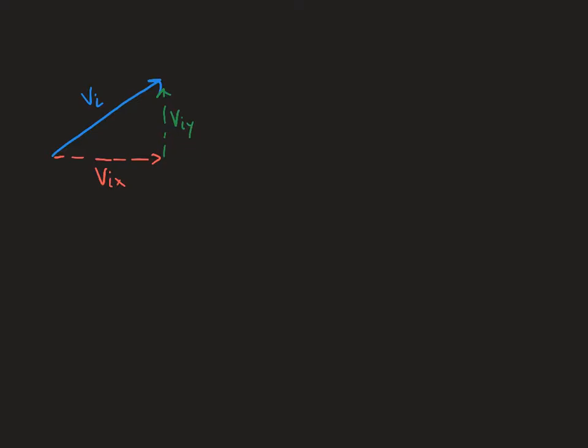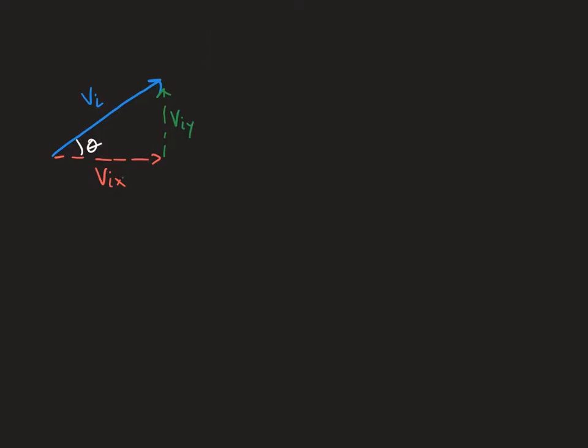So a piece of information I have to know here, and you're going to get this in your lab, is what angle am I shooting this at? Because of course I can shoot something diagonally, but the angle matters, because if I increase this angle, then this y component is just going to get longer. If I decrease the angle, this x component is going to get longer. So it's important to know exactly what that angle is, because it changes the components of my velocity.